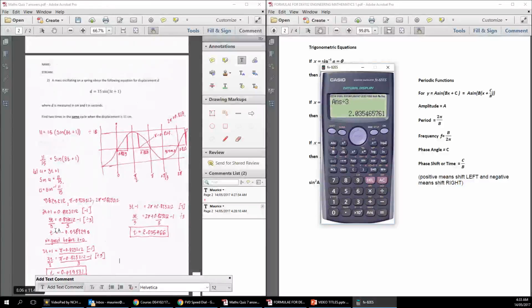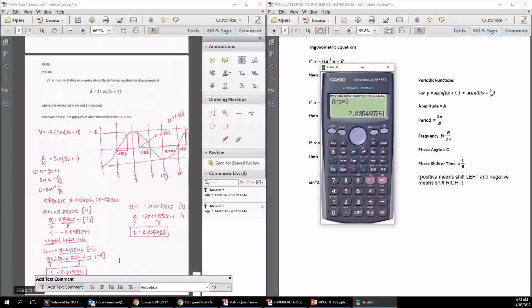Now we check out the first one and find, well, that can't be because it's before the thing starts. So we need to find another one, a second one. So we know it's periodic, and so it comes around to here. And this distance, 0.823, is 2 pi plus 0.823. And that's in there. So that gives us our third option.